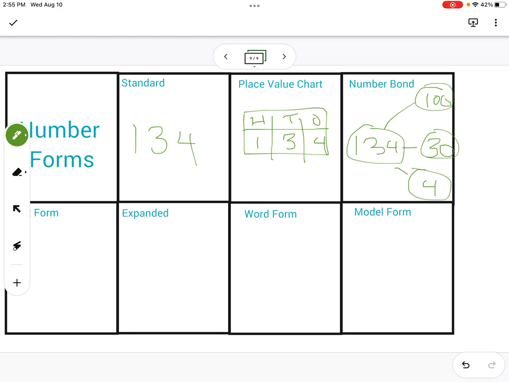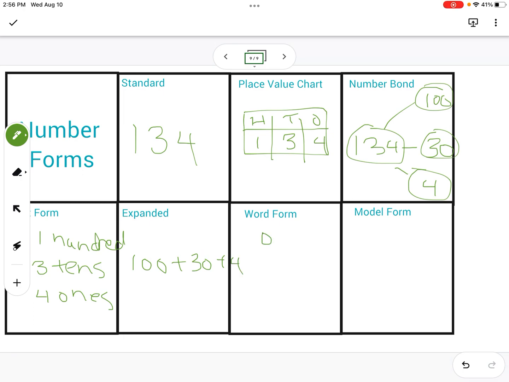And then if I look at the next one, I know it's hard to see, but it's the unit form. So I would have 100, running out of room, 3 10s, 4 1s. My expanded form of 134 would be 100 plus 30 plus 4.